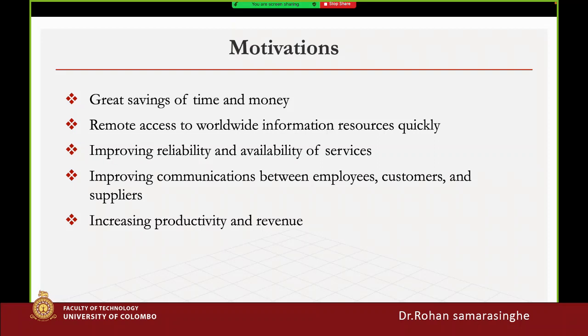Regarding availability, we will discuss later in this class why data centers are more reliable than having the servers in the company premises. That is because they have redundant services, redundant networks, and redundant power supplies. If something happens, they have backup systems.